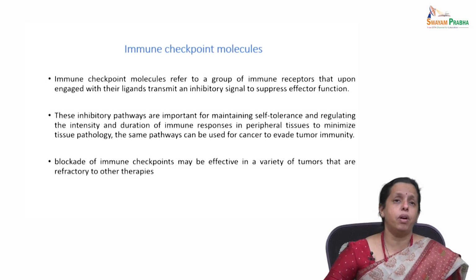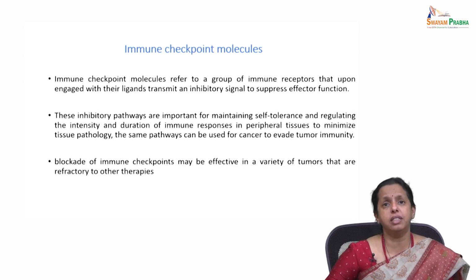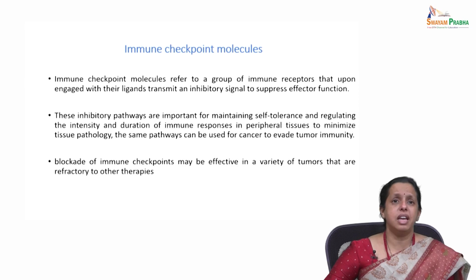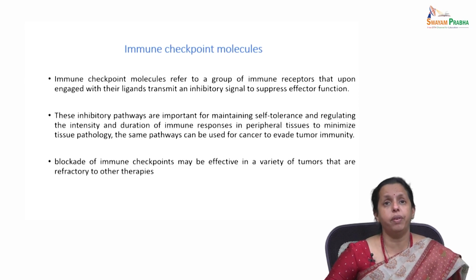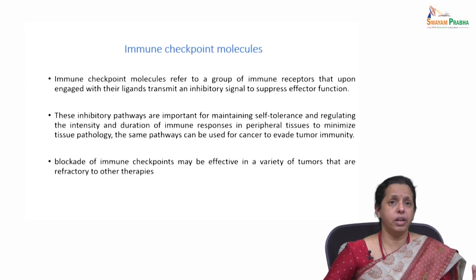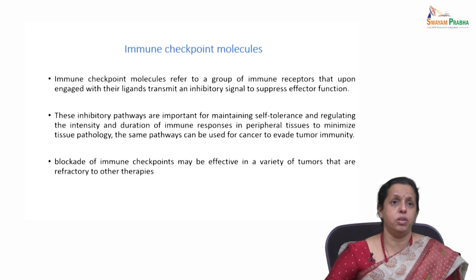Yes, these inhibitory pathways are very, very crucial for maintaining self tolerance and regulating the intensity and duration of the immune response in your peripheral tissues to minimize tissue pathology, and the same pathways can be used by tumors to evade tumor immunity. Isn't it wonderful that whatever is existing, these pathways are being used for your cancer immunotherapies.